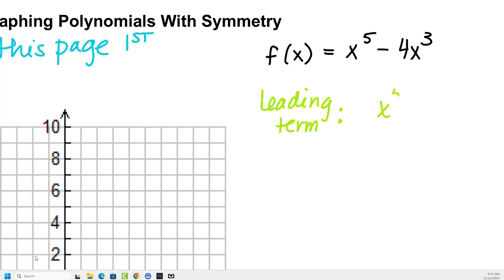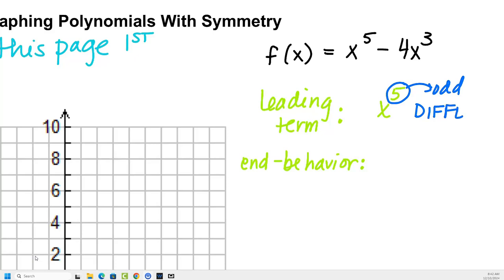It's the x to the fifth, isn't it? So this is going to tell me my end behavior. If it's an odd exponent, what does that tell me?